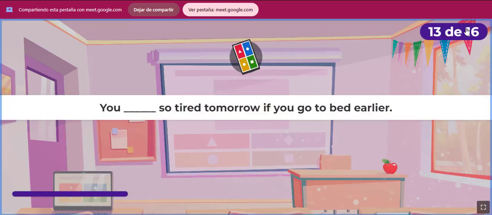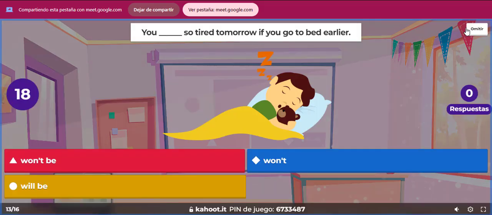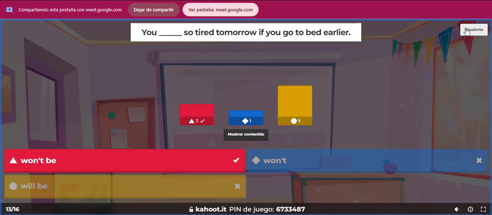Number 13. You won't be so tired tomorrow if you go to bed earlier. The meaning here is important, the content.